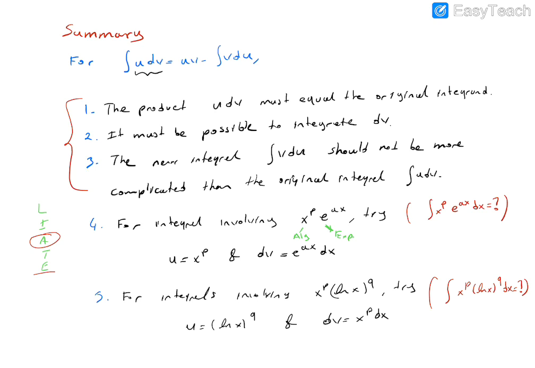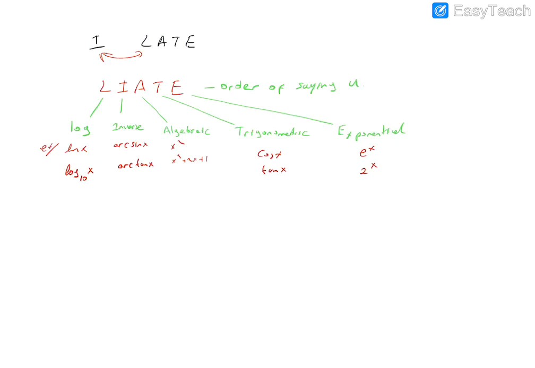So we should say x to the power p is u. Let's turn back to the second example. This is an algebraic function. This is a logarithmic function. So the logarithmic function comes first, before the algebraic function. So you should say ln x to the power q is u. So if you follow this order, it works well.